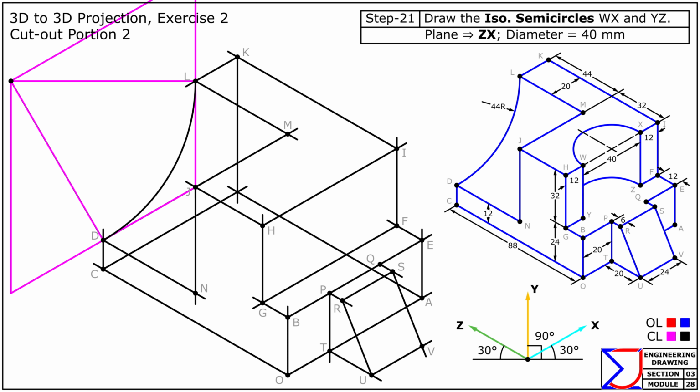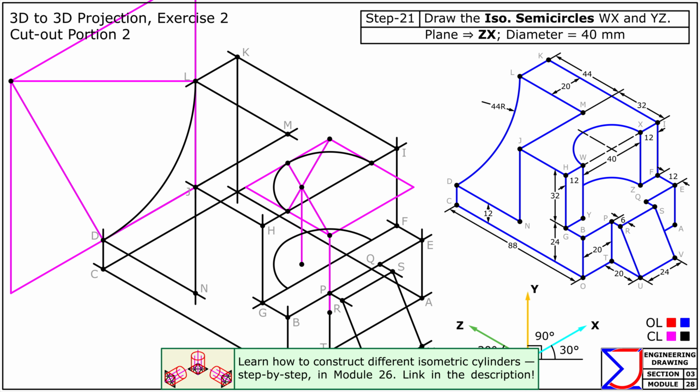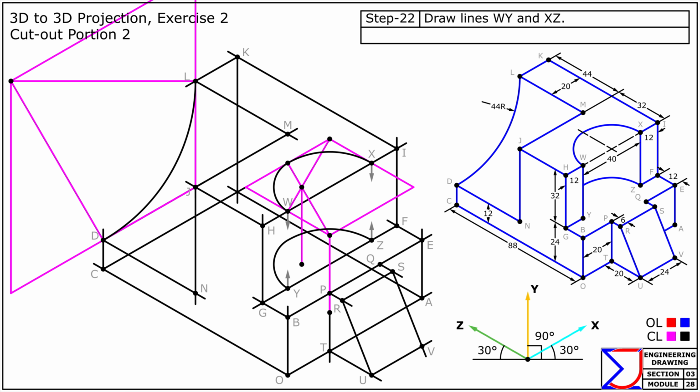Similarly, in cutout portion 2, we can draw the curves WX and YZ, which are semicircles with a diameter of 40 mm in the isometric plane. Join points W and Y, points X and Z.